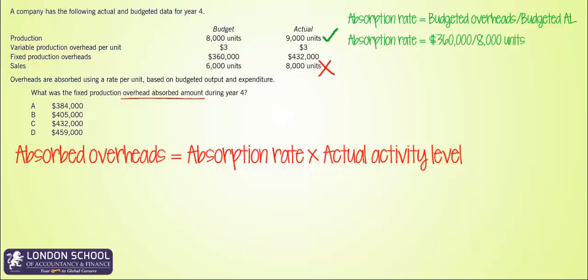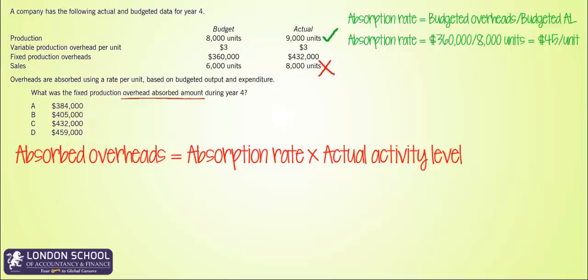So our absorption rate is going to be $360,000 over 8,000 units, and that gives us $45 per unit. Now we can put the values back into the first formula.